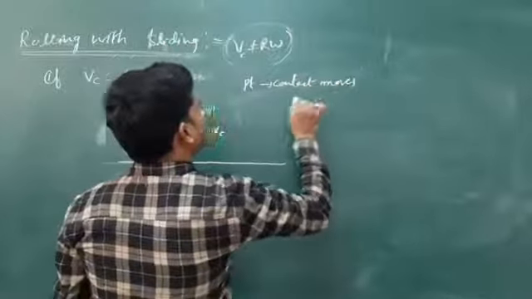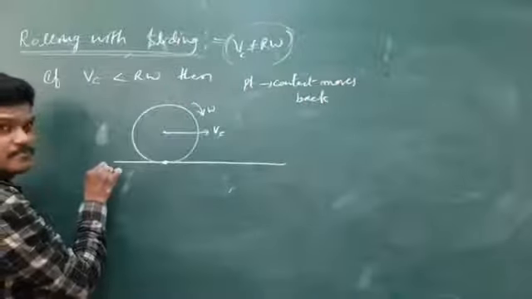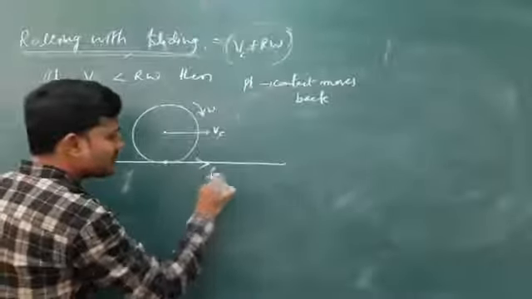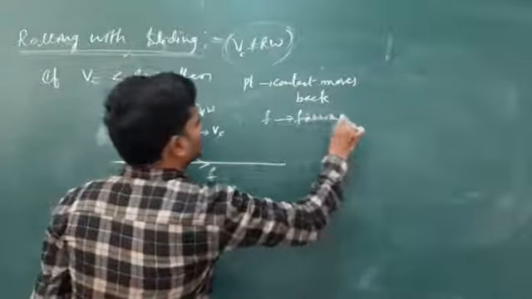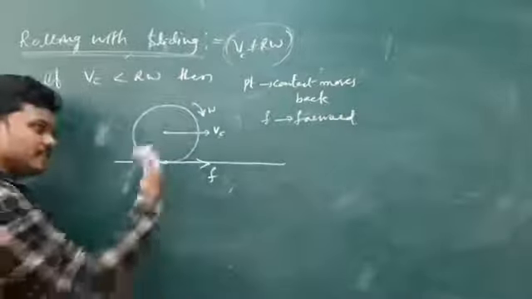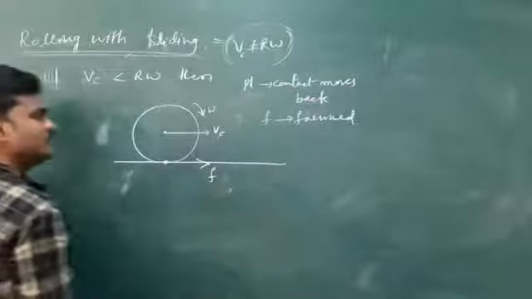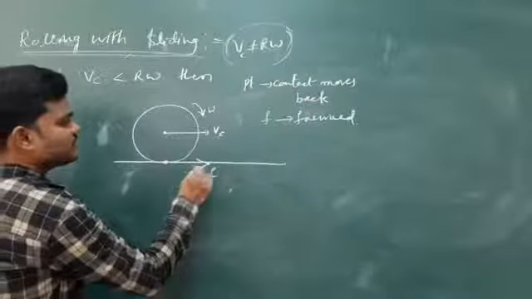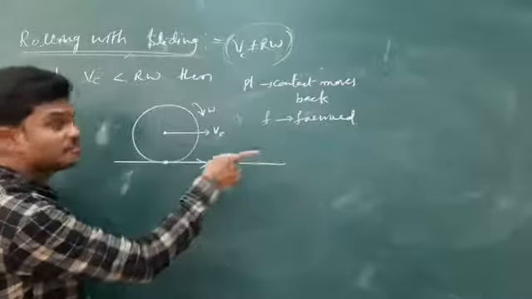As the point of contact moves backwards, the frictional force acts forward. We can verify this frictional force using some other derivations also; we'll see those derivations later. Here the frictional force acts in the forward direction, in the direction of motion of the body.